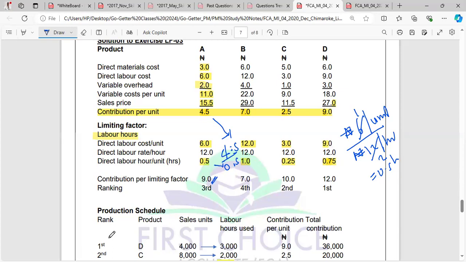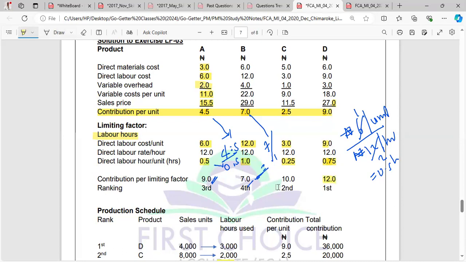That's the same method you can employ here. You can say 7 divided by 1. That gives me 7. So that's the way you employ the others. Now after getting everything, you rank. Which one of them gives you the highest contribution?